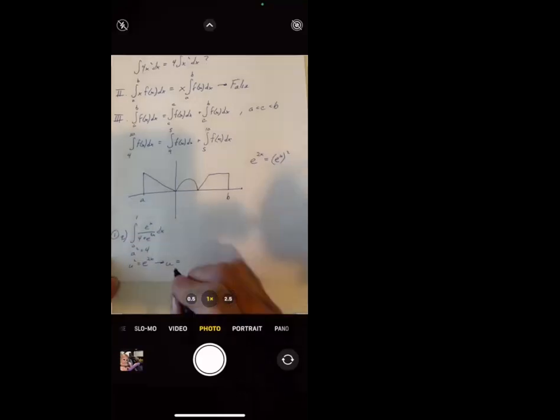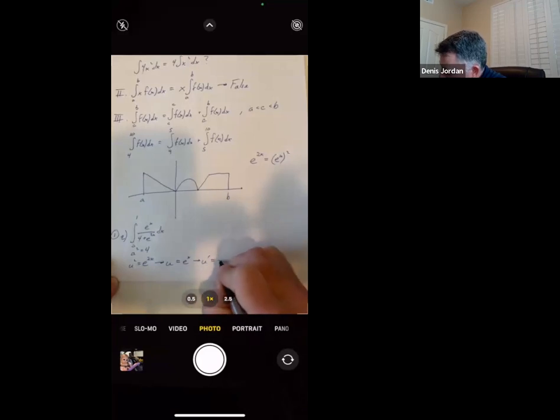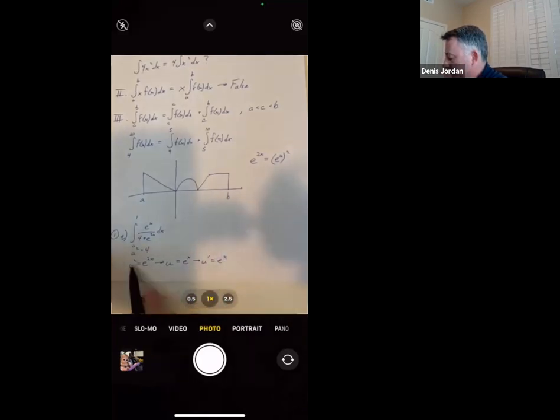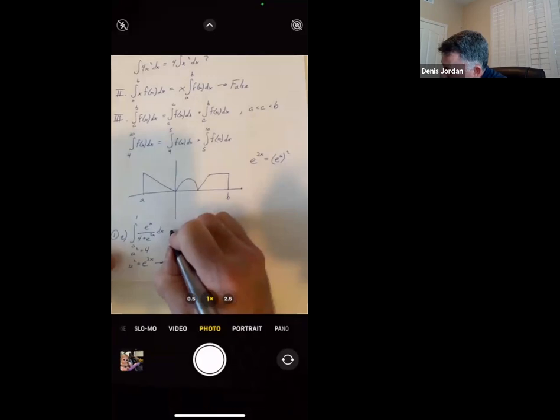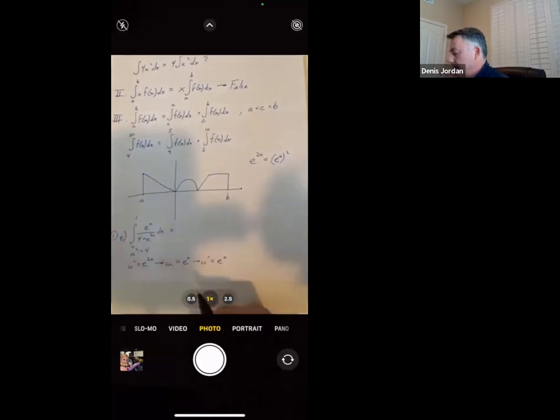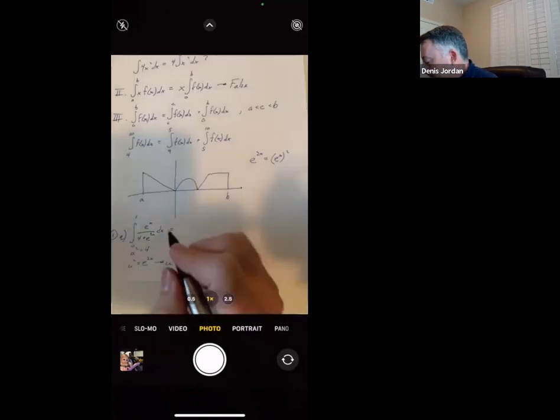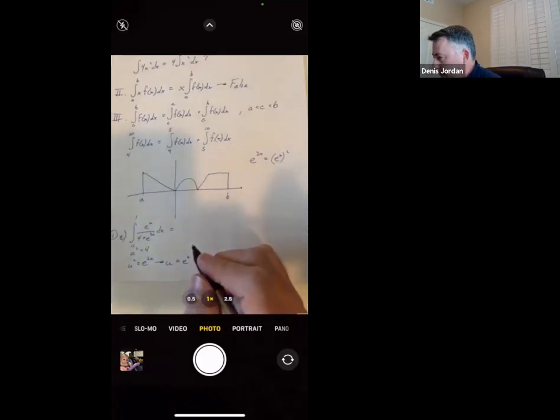Just e to the x. So the u prime is still just e to the x. So this one actually works. It is an inverse trig function. And since there's no square root down there, that makes it the inverse tangent.